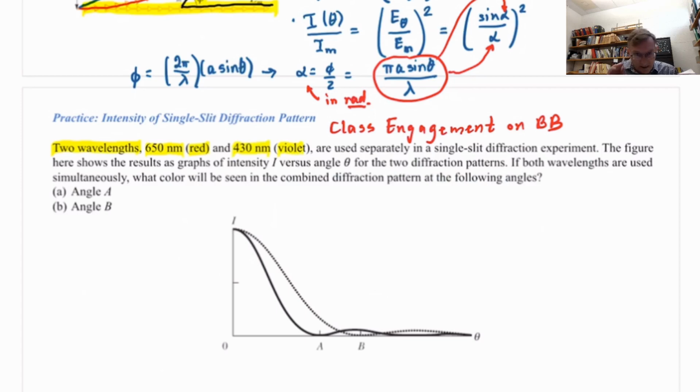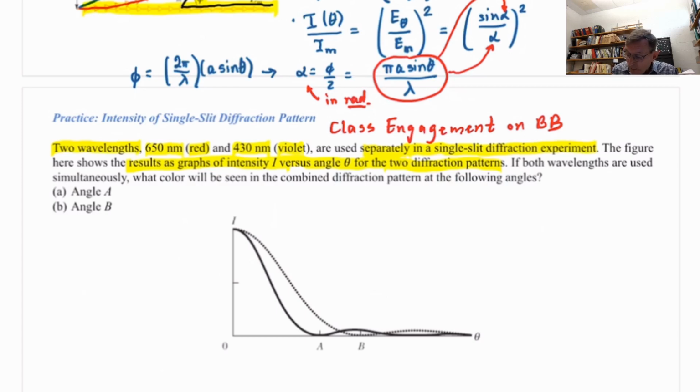They're used, at least initially, separately, one after the other, in a single slit diffraction experiment. The figure here shows the results as a graph of intensity I versus angle theta for the 2 diffraction patterns. There's one curve that's a continuous curve, and the other is a dotted curve. They both plot I, intensity, versus angle theta on the viewing screen.